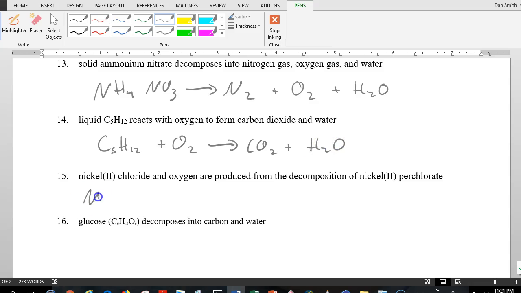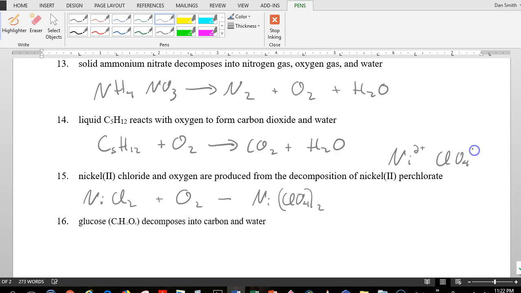Nickel 2 chloride, oxygen diatomic are produced from the decomposition. Well, we didn't put that in the right order, so let's try that again. Nickel perchlorate, ClO4 with just a -1 charge, and so when you crisscross that, the 2 appears there.